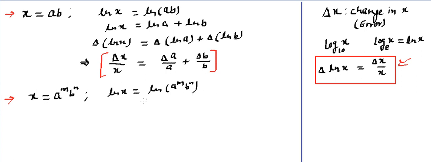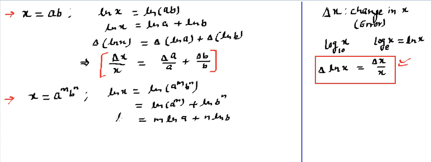Then they can be separated: ln a raised to power m plus ln b raised to power n. Then there is also the rule of the logarithm function that the power comes in front. So this becomes m times ln a, plus n times ln b, and this is ln x.